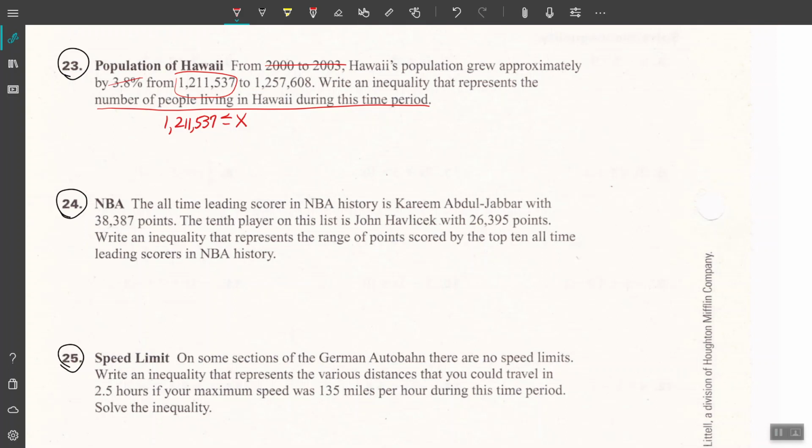That's why I have that inequality sign turned that way. I know it looks like a less than sign, but remember, we're always reading it from the perspective of x. And then the second number is the max number of people that lived there during that time frame. So x is less than or equal to that number during that time period.